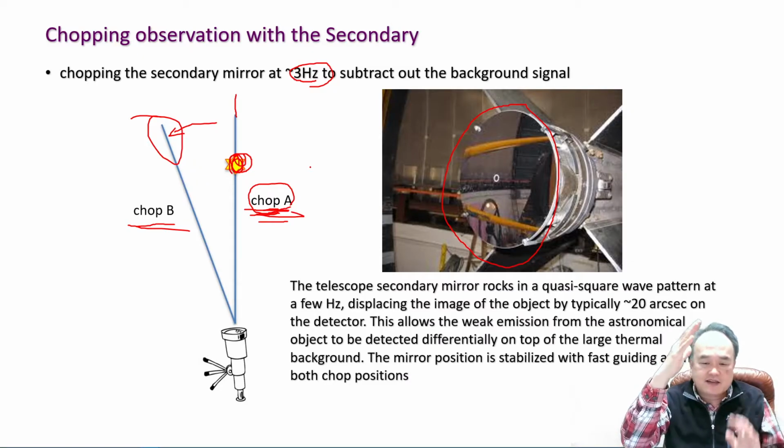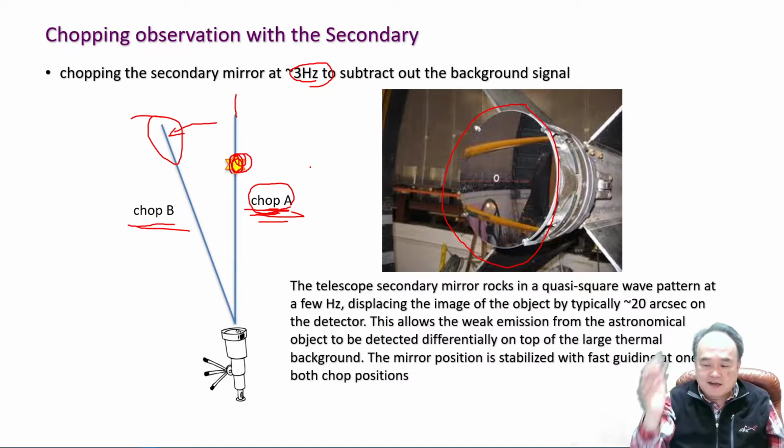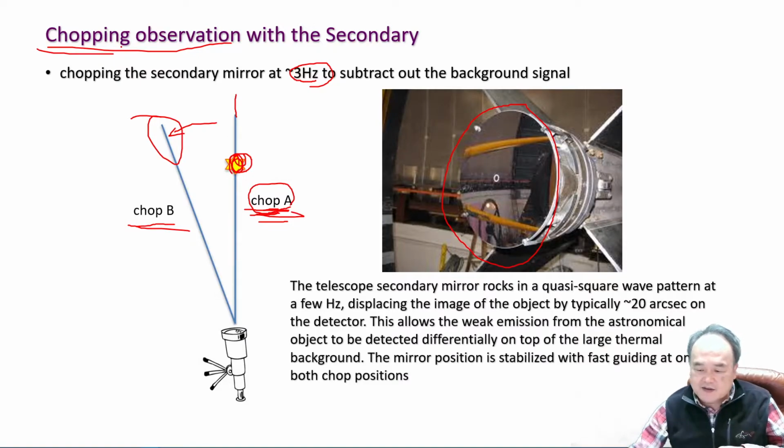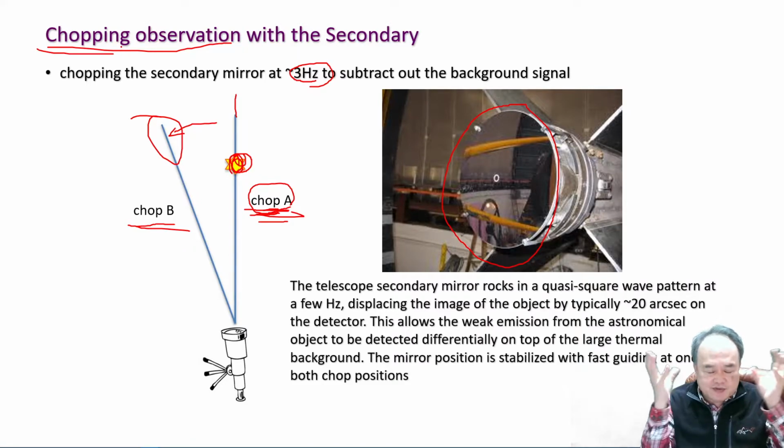Okay, so that's why the secondary mirror is doing this rattling motion. That rattling motion is known as, I think, astronomers use the term chopping the secondary mirror. Okay, so this chopping is done at a few hertz frequency, so that we can subtract the really bright mid-infrared background before it changes.